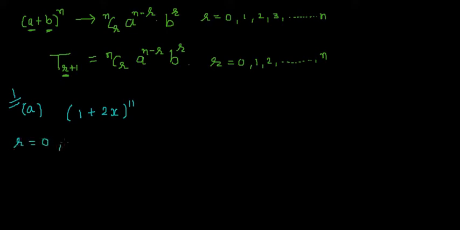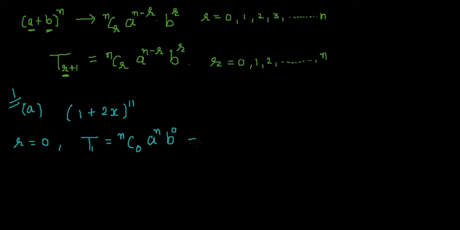So r is equal to 0, so it's going to be T1, and in the formula it is nC0 a^(n-0) b^0. n minus 0 is n, so the power of a is n.